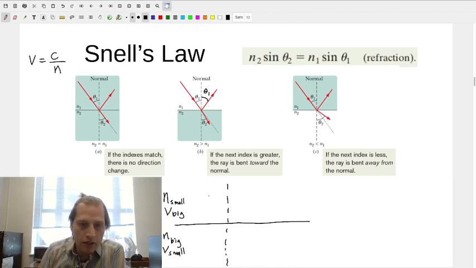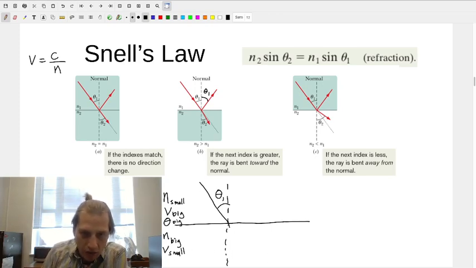Okay, now let's look at these pictures and try to understand what's going on. The angle that we're talking about in Snell's law, this angle 1, if you have an angle that is big here, if the V is getting smaller, the angle also gets smaller. And just to be clear, the angle we're talking about is that angle right there.